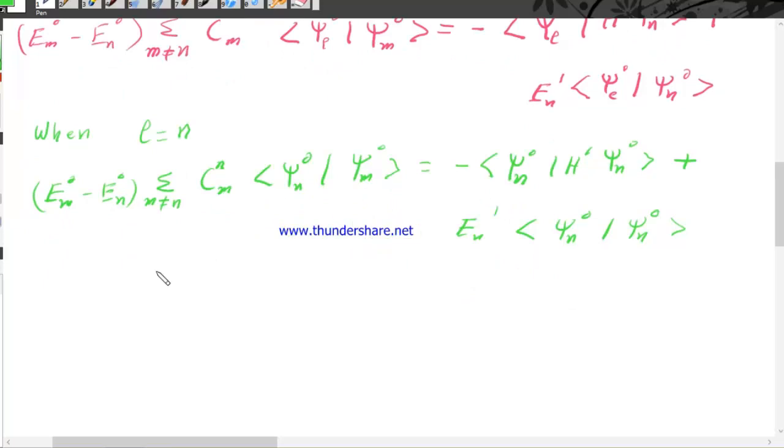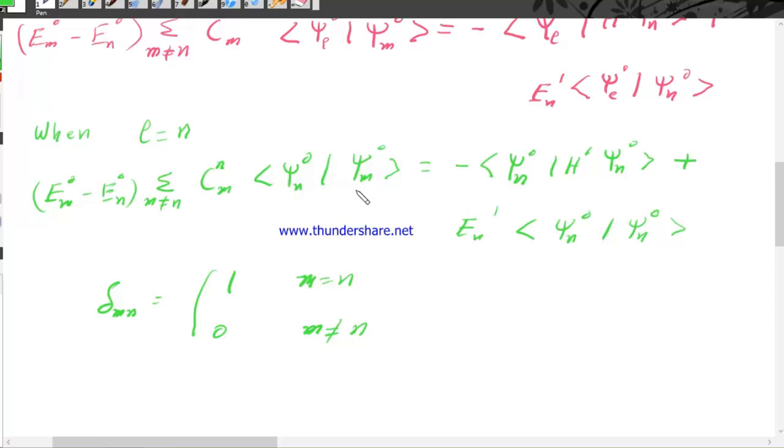So we use here the canonical delta: δ_mn is 1 when m is equal to n, and 0 if m is not equal to n. According to this canonical delta, this term is equal to 1, and this term is 0.